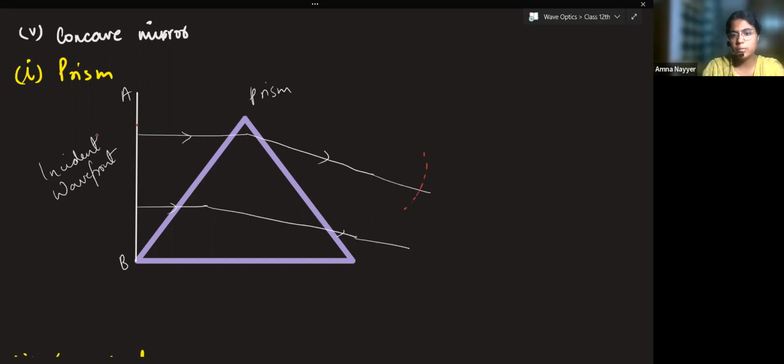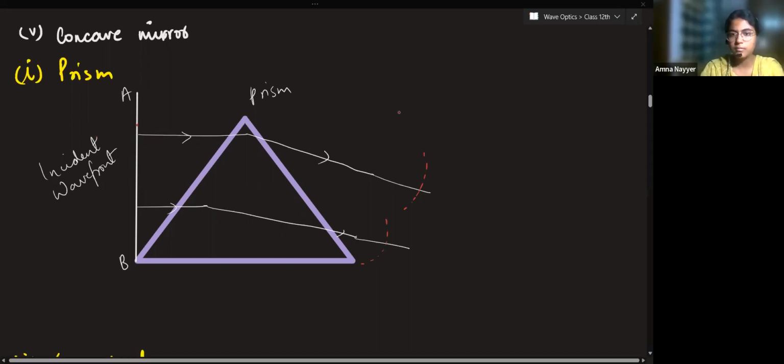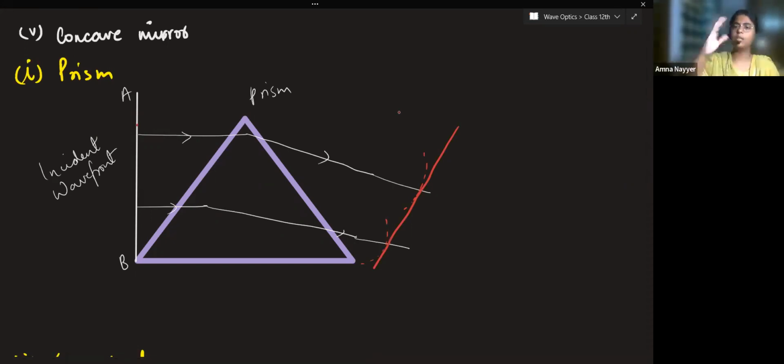Similarly, for this point, we will obtain it at this point. Now, if you join it, this is how you'll get the forward envelope for a prism. It was appearing straight because of point source, but now because of refraction, it is occurring slightly downwards.